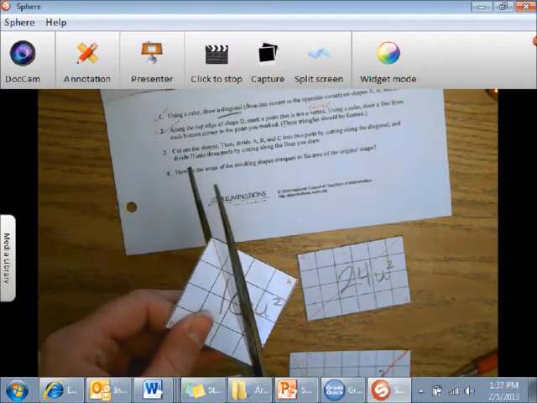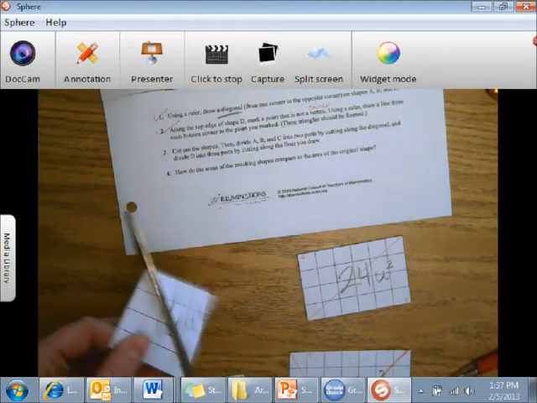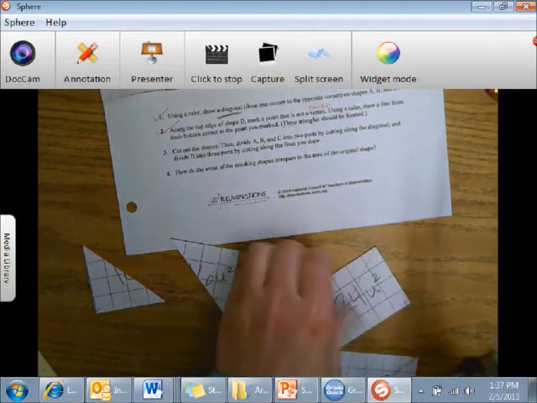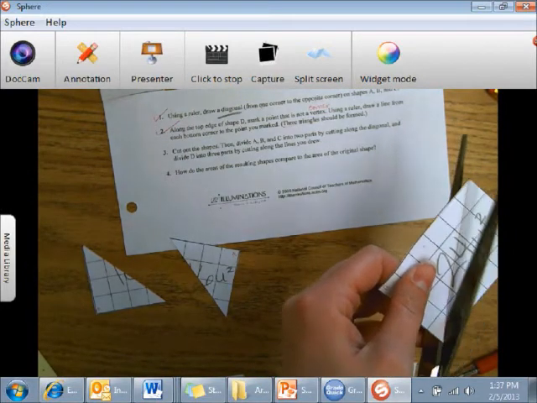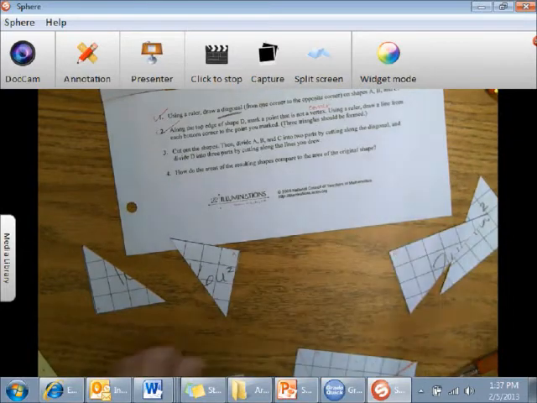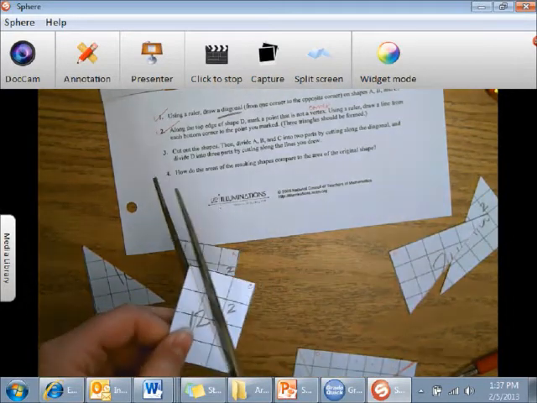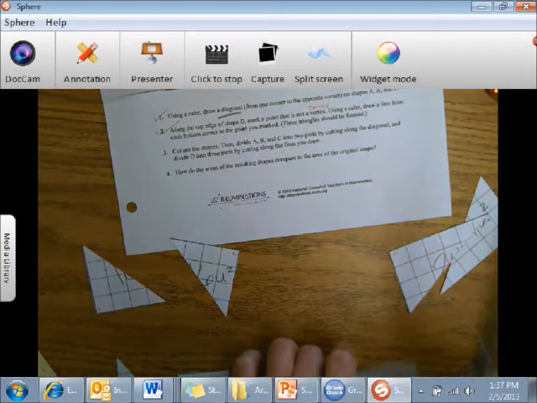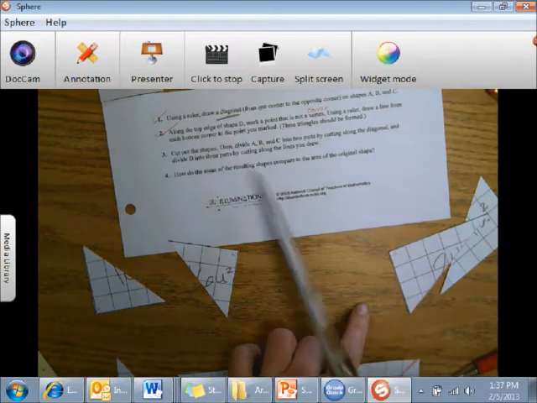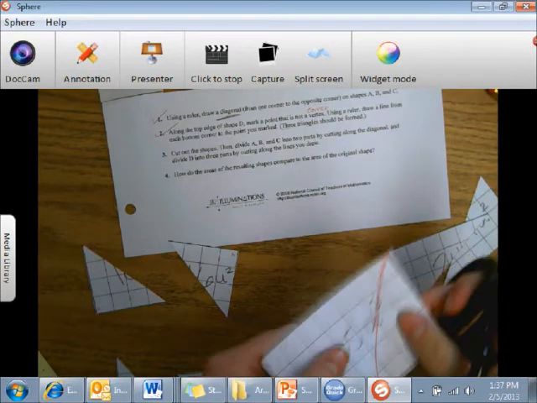Alright, so here we're going to cut right here. That's A. Here we'll cut B. Here we'll cut C. And then it says for D, they want us to cut into 3 parts by cutting along the lines we drew.